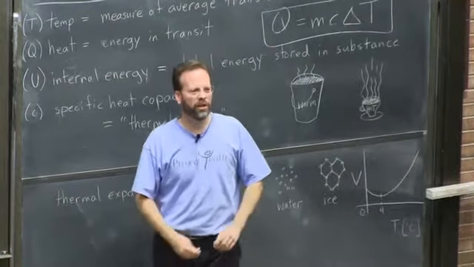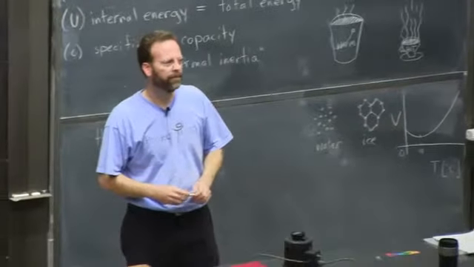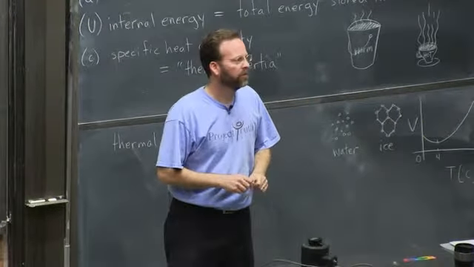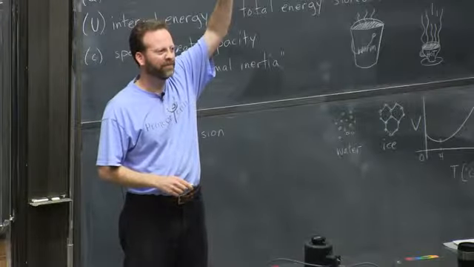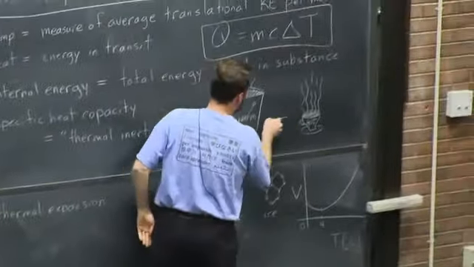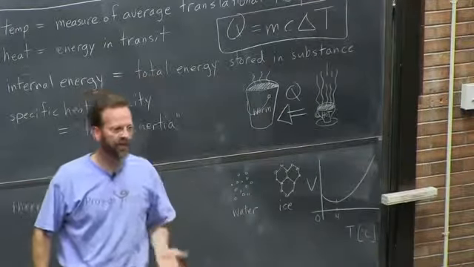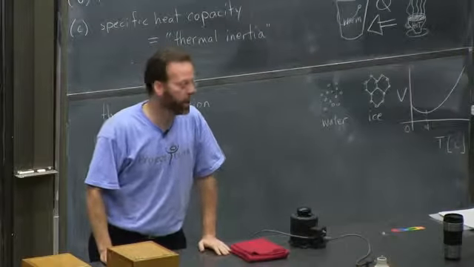Which way will heat flow if you put them together? From warmer to cooler. Who agrees? That's right. If you mix those, naturally, it always goes from hot to cold. It can't go from cold to hot on its own.